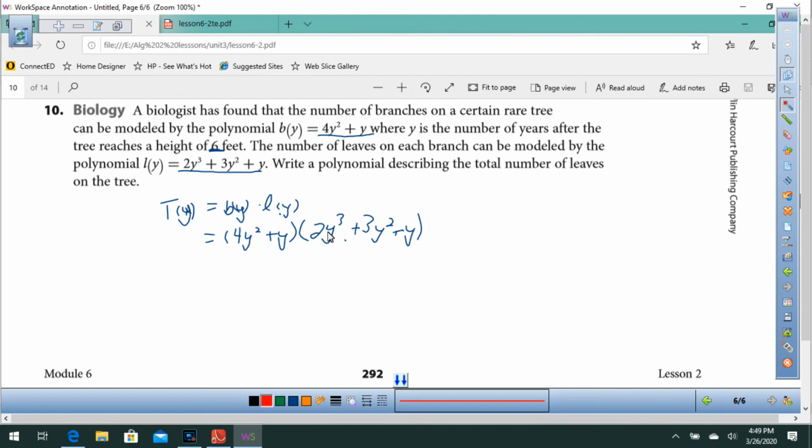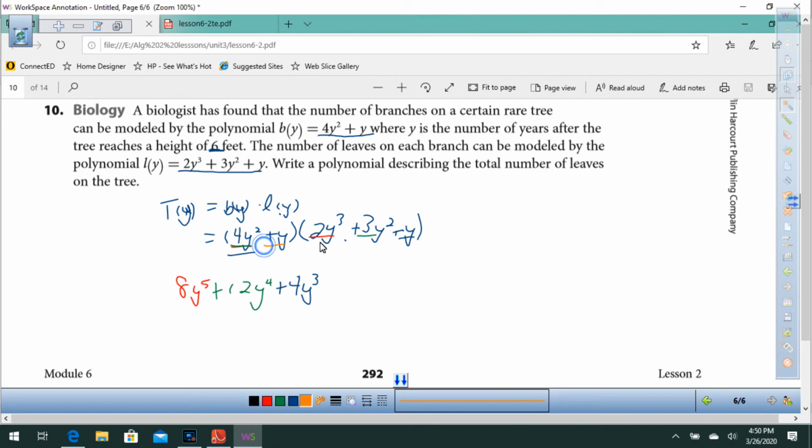We've got 4y times 2y to the third, that's going to be 8y to the fifth. And then we got 4y times 3y squared, that's going to be plus 4 times 3 is 12, y to the fourth. Now we have 4y squared times y, that's going to be plus 4y to the third.